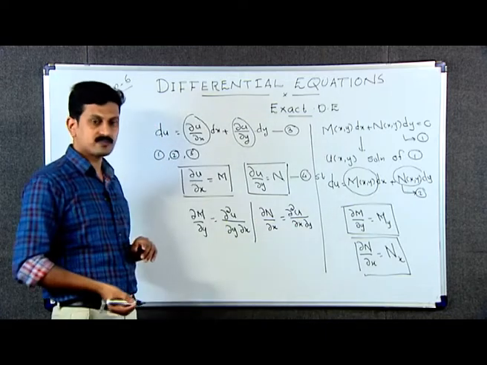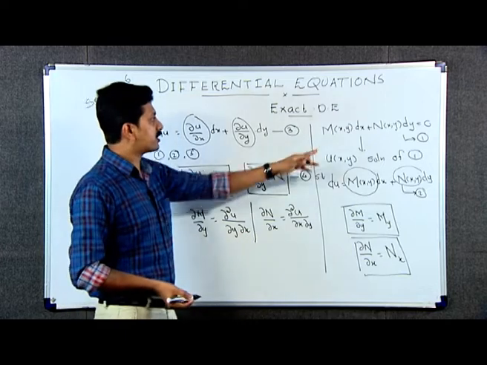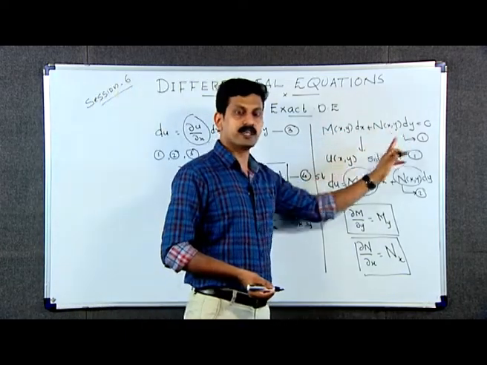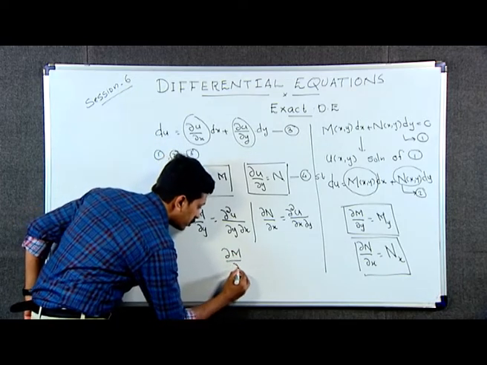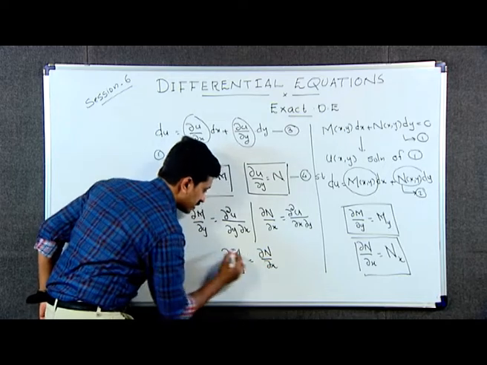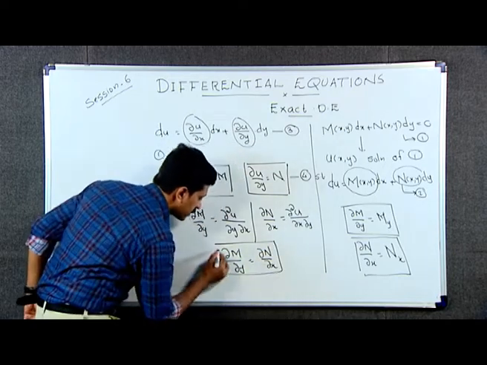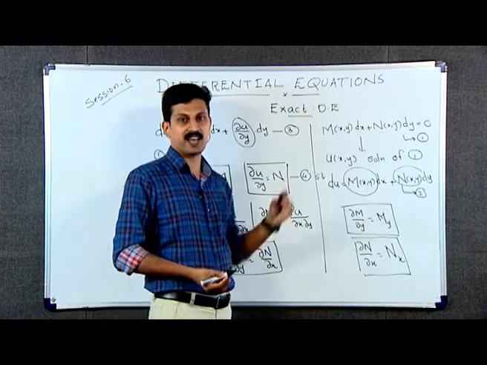From here we can simply say that the differential equation 1 is exact if it satisfies ∂M/∂y is equal to ∂N/∂x. This is the necessary and sufficient condition to say the equation 1 is exact.